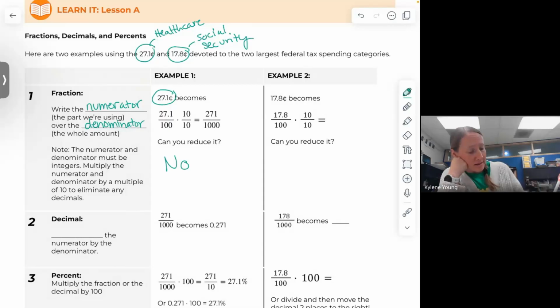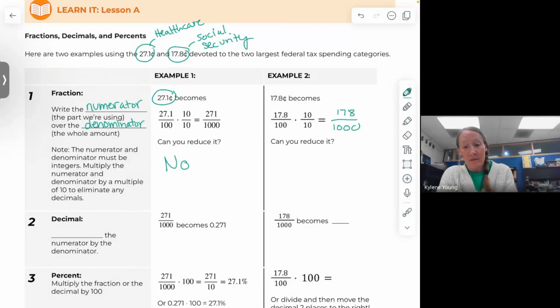So let's do another example. Let's look at our Social Security spending, 17.8 cents. So we have that decimal, we have a tenths place, so we want to multiply that fraction by 10 over 10. That gives us 178 over 1,000.